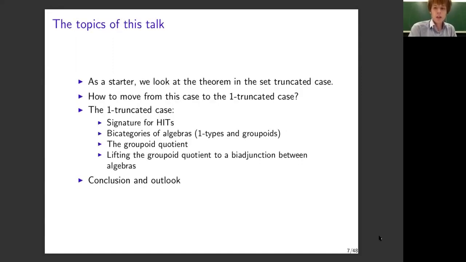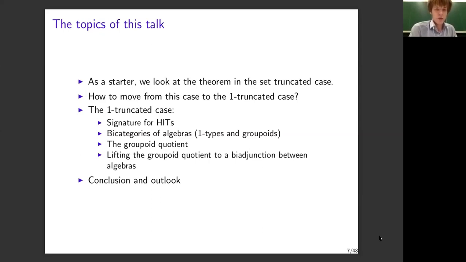So what will we treat in this talk? Well, we will start by discussing the theorem in a simple case, namely for set-truncated higher inductive types. Basically, the approach will be similar, but the terminology and the machinery used will be more familiar, because it will only use category theory.